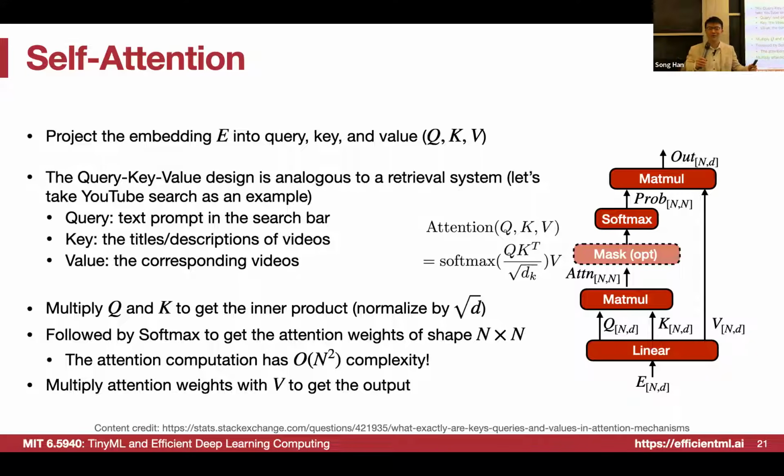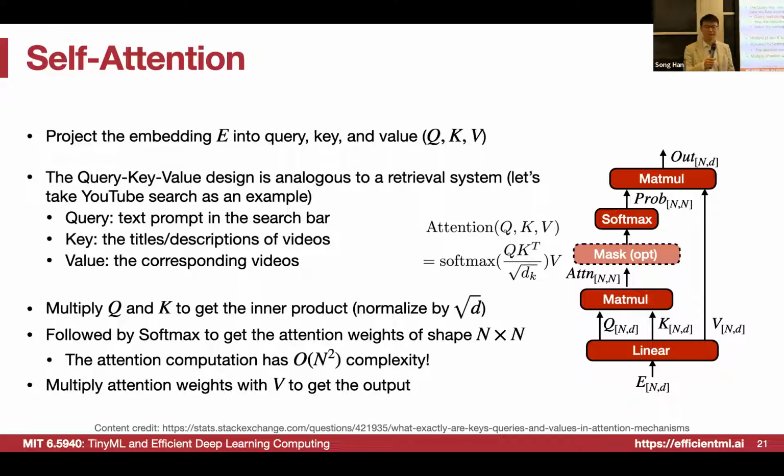You have many movies. You want to type a prompt in the search bar. The query is like the text prompt typed into the search bar of YouTube. And the key would be the titles or descriptions of a movie. You try to see which title or description is closest to your query. And then the value would be the corresponding videos, which could be a pretty large video file.